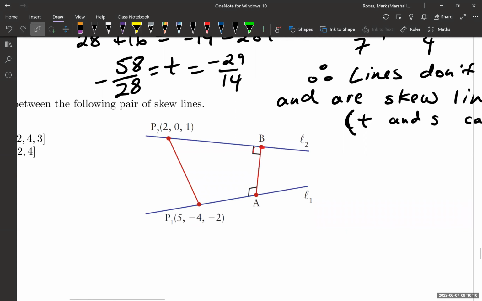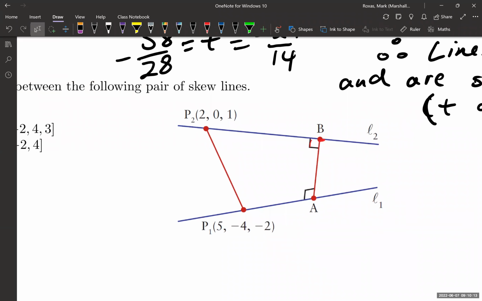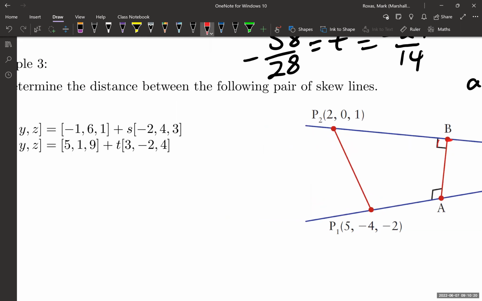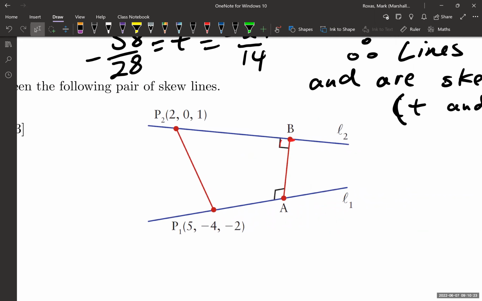So if I look at this diagram again, if I have two known points on my lines, which we will have because we're given points on each line, I could create a vector here like this, and I could find the projection of this vector onto the vector that is perpendicular to both lines. Okay, and because that projection is a magnitude, that magnitude represents the shortest distance between the two skew lines.